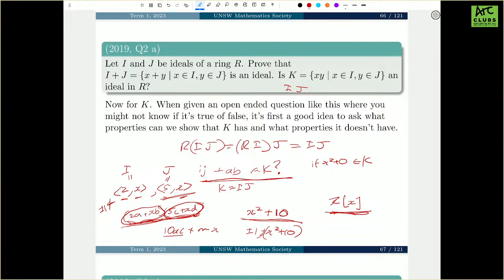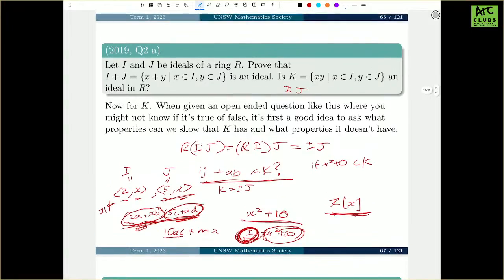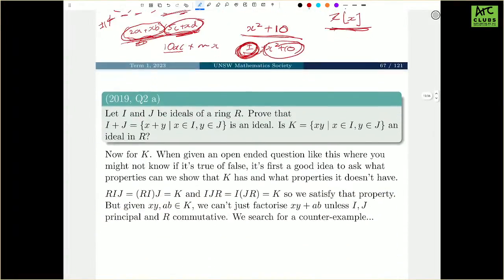But obviously that can't be the case because we can't form plus or minus 1. So the only choices for these two things are going to be one of these. We can't have that, because again, neither I nor J contains plus or minus 1. So we get a contradiction. So we've shown that K is not an ideal.